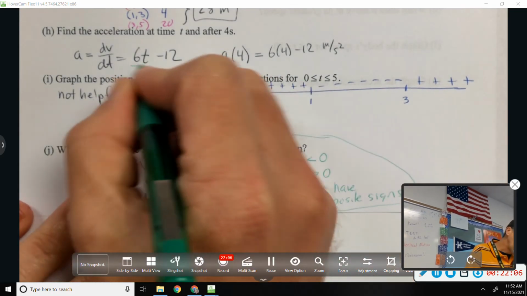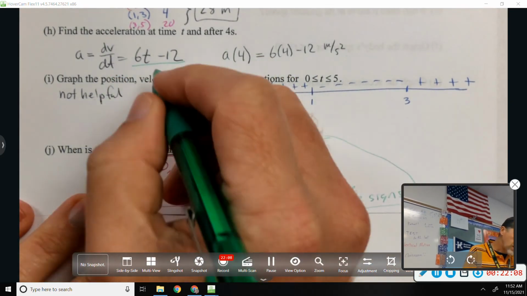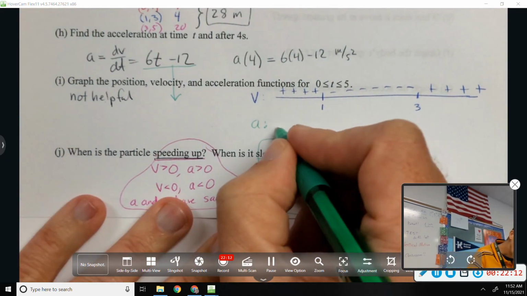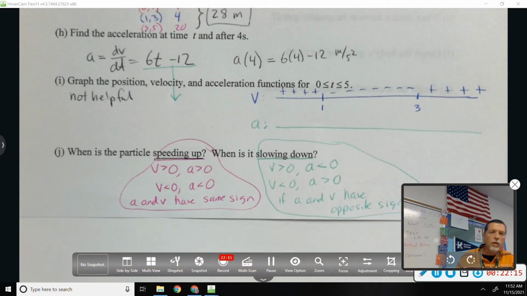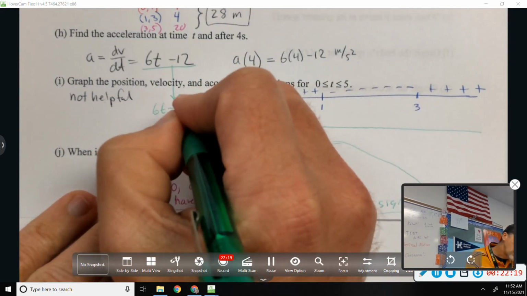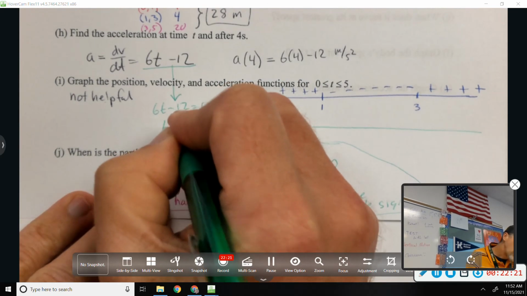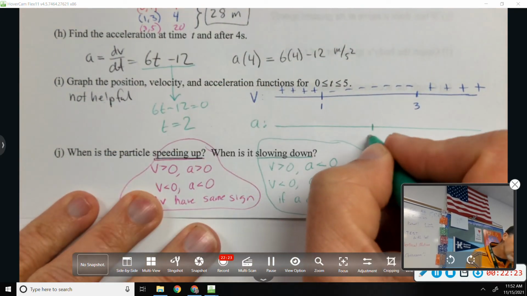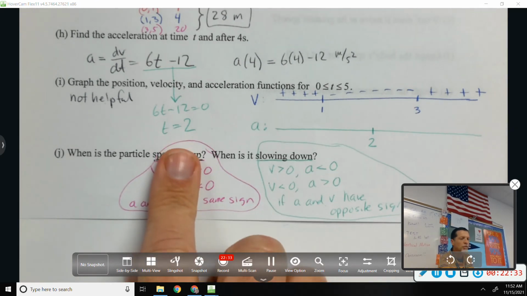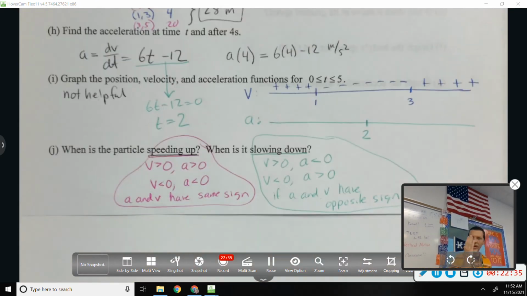If I want an acceleration number line, what point should be on my acceleration number line? 2. So I need an acceleration number line. At t equals 2, the acceleration is 0, so that sets up the intervals.